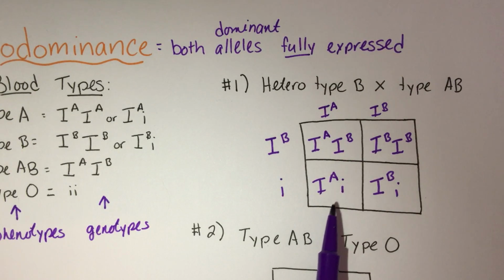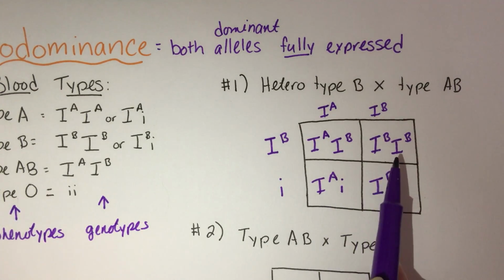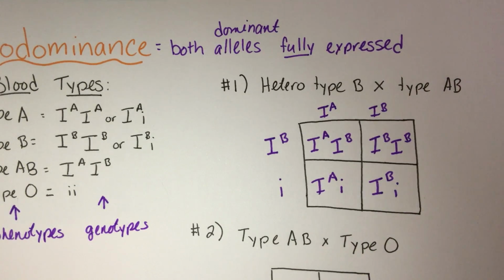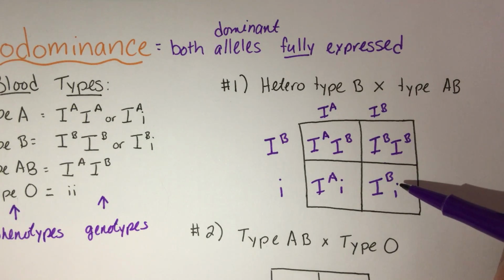I have one offspring that could be type A blood because they have a big A and a little I. Remember that little I is recessive. And I have 2 offspring that could be type B blood. But if you look at their genotypes, one is homozygous dominant and one is heterozygous.